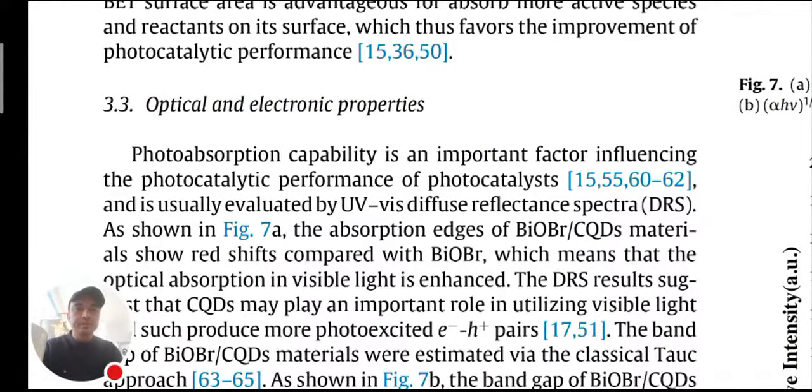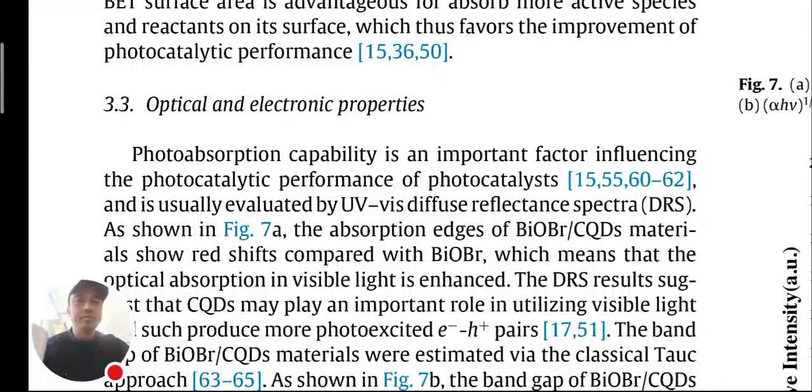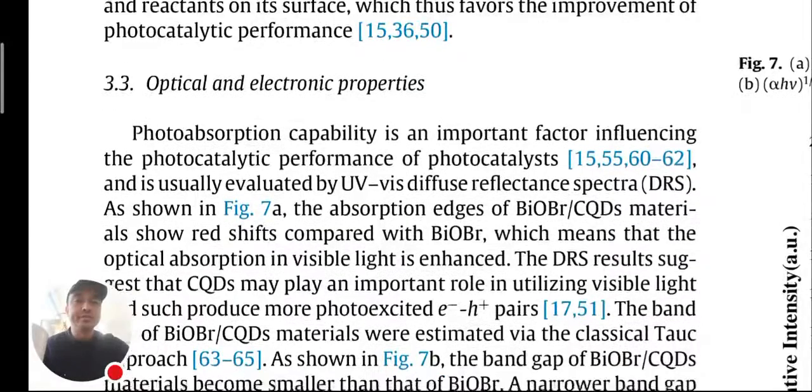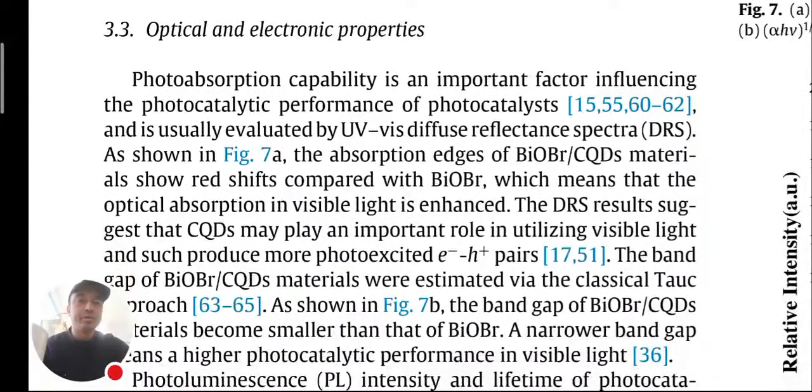So friends, the optical and electronic properties are factors influencing catalytic performance. They are usually evaluated by UV diffuse reflectance spectroscopy (DRS), which shows the absorption edges of the BiOBr carbon quantum dot material with a redshift compared with BiOBr, meaning the optical absorption of visible light is enhanced.